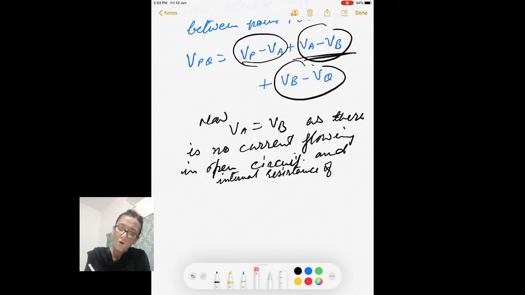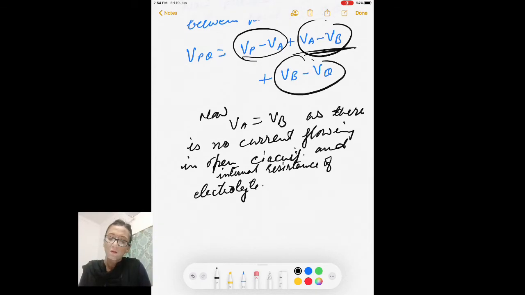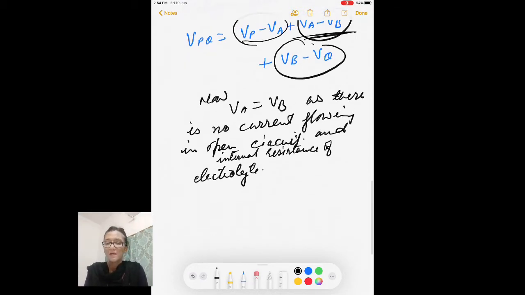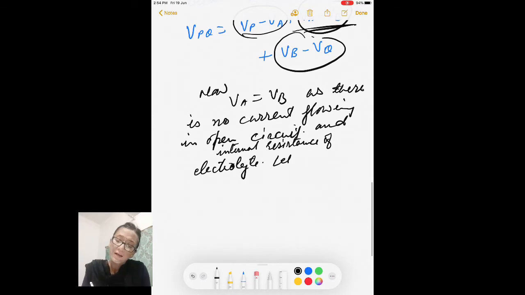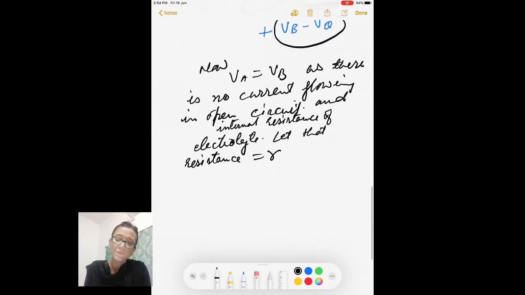The internal resistance of the electrolyte, as the electrolyte is opposing the flow, so there is some internal resistance of the electrolyte which opposes the flow of charges through the electrolyte. And let that resistance be equal to R.